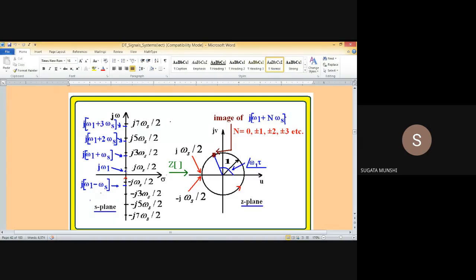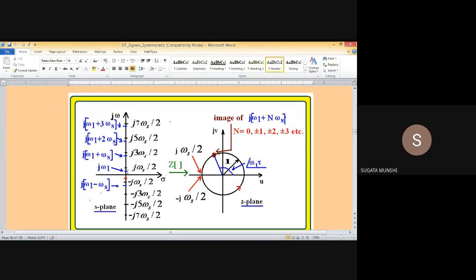If I start from this j omega 1 and move upward, what will happen? I have arbitrarily considered that this is the image of omega 1 on the circumference of the unit circle centered at origin in the Z plane. So this argument is omega 1 tau. Is it clear? I have arbitrarily considered, just for the sake of illustration.